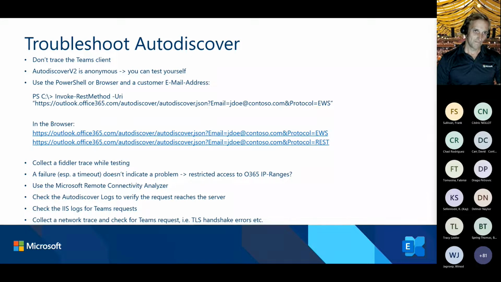However, you can easily test it yourself, because Autodiscover v2 requests are always anonymous and don't require any authentication. You can also easily run it from PowerShell or directly in the web browser using the URLs on the screen.